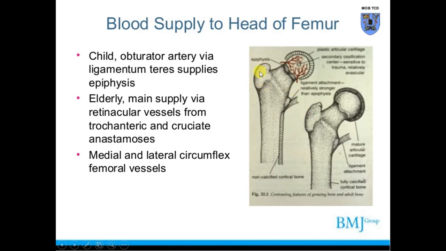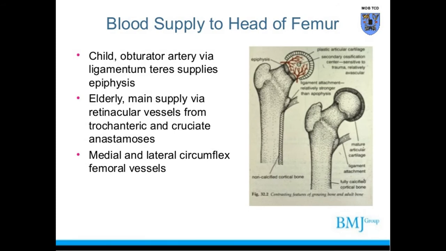around the greater trochanter and cruciate anastomosis. The blood supply comes through the retinacular vessels in elderly people, from the medial and lateral circumflex femoral arteries. And when we were discussing the medial compartment, I showed you the two anastomoses, trochanteric and cruciate anastomosis.